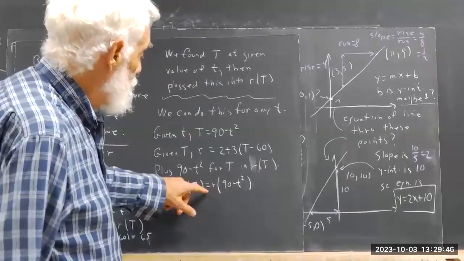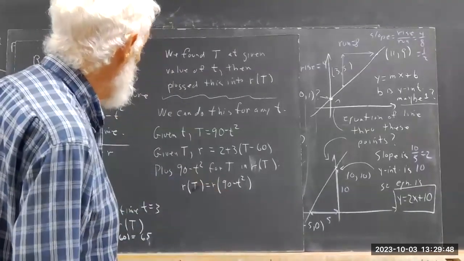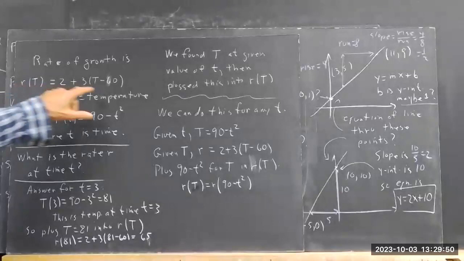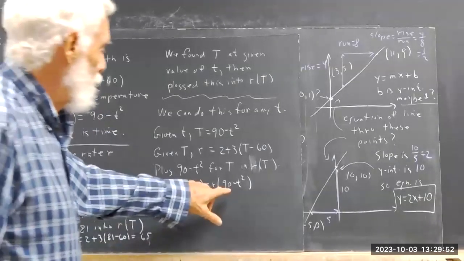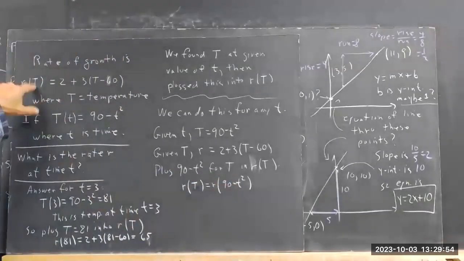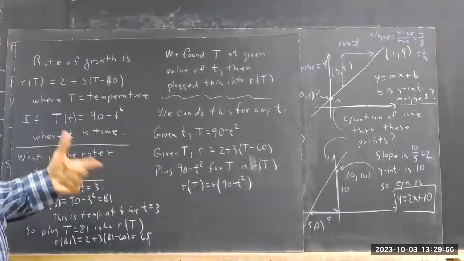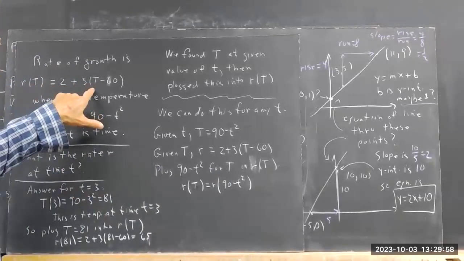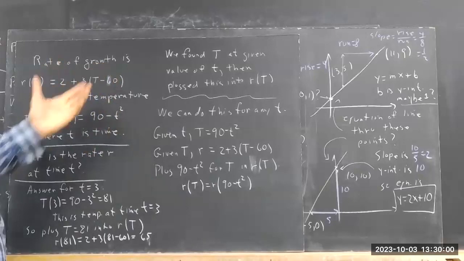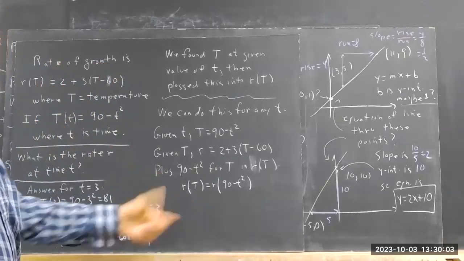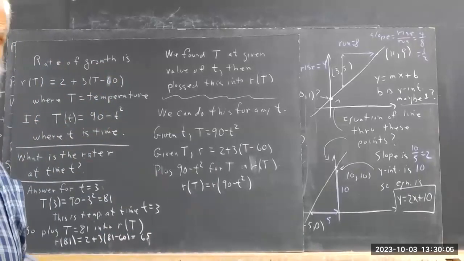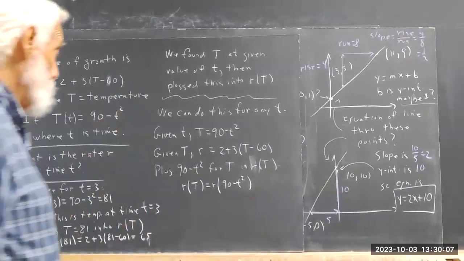Well, what's R of 90 minus t squared? We replace big T by 90 minus t squared, which is what we did with composite functions, and that's exactly what's going on here. We feed one function into the other.